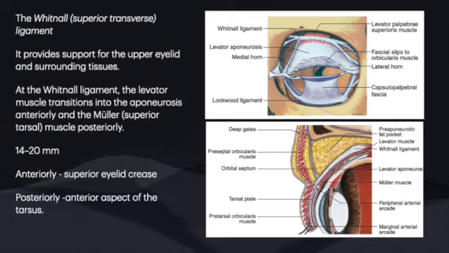Do you remember we spoke about superior eyelid crease? That is where the attachment of the levator aponeurosis is. Now this is an anterior attachment. Now posteriorly, the levator aponeurosis inserts into the surface of the tarsus. This aponeurosis is firmest attachment on the anterior aspect of the tarsus, approximately 3 mm superior to the lid margin.